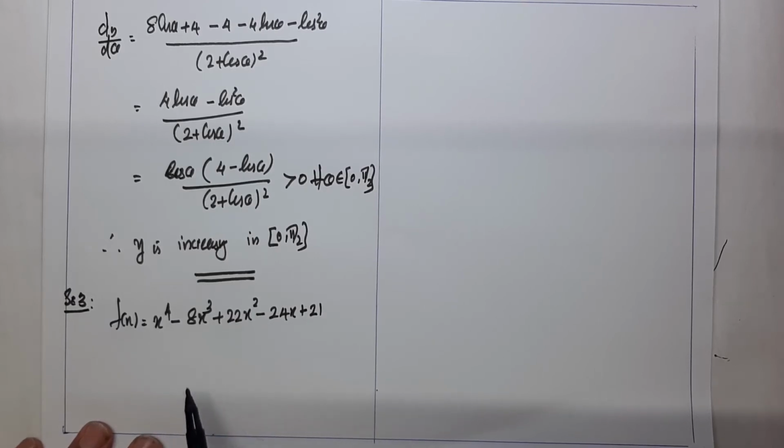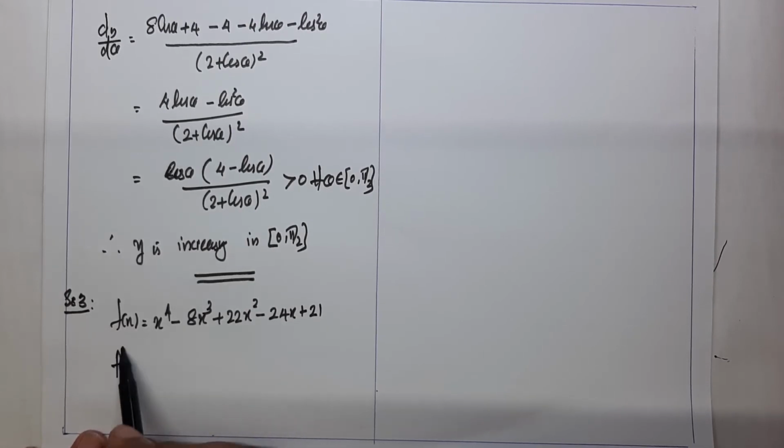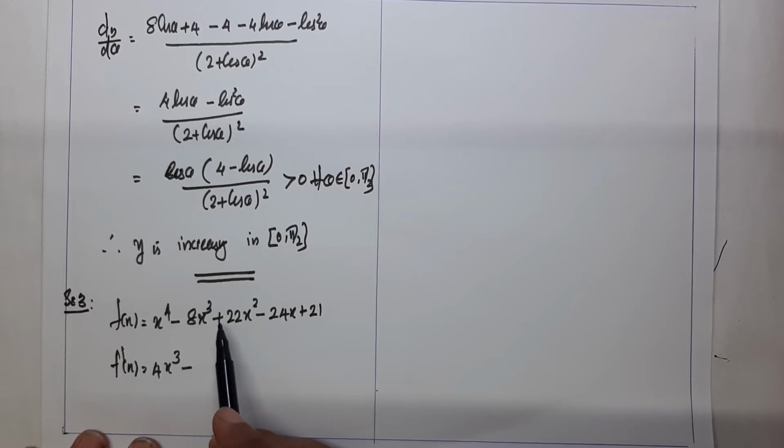Okay, f of x is equal to x raised to 4 minus 8x cube plus 22x square minus 24x plus 21. Actually, we find the critical points from the first derivative. First of all, we find the first derivative. You know the derivative of x raised to 4 is 4x cube, minus 8x cube derivative is 3x square, 3 into 8, 24x square, plus 2x into 22, 44x, minus 24.